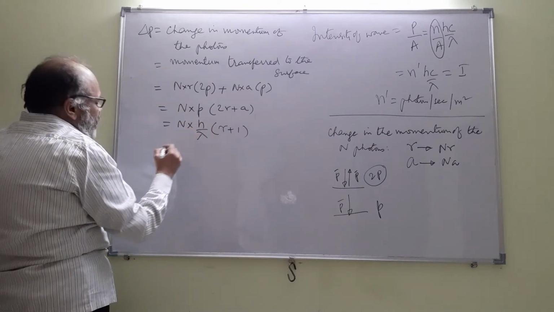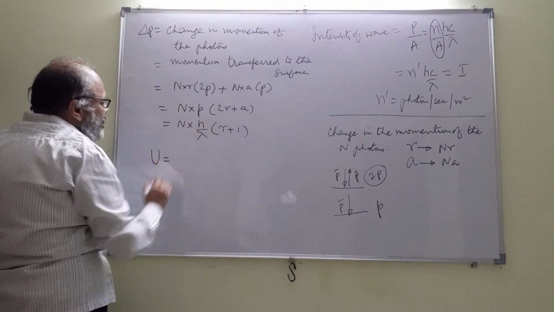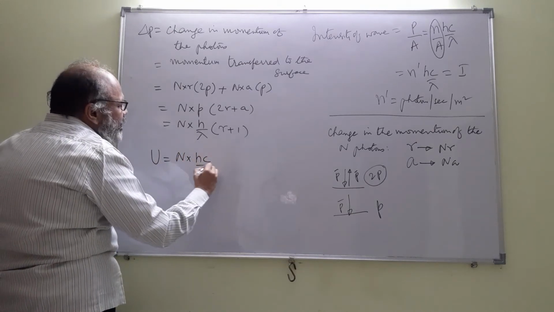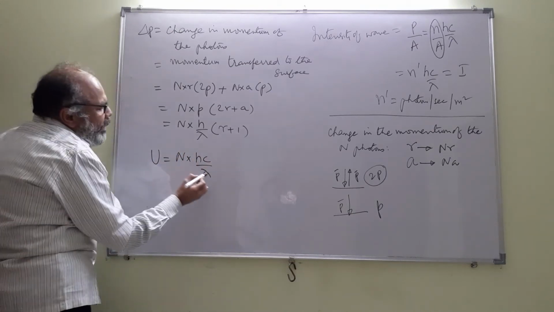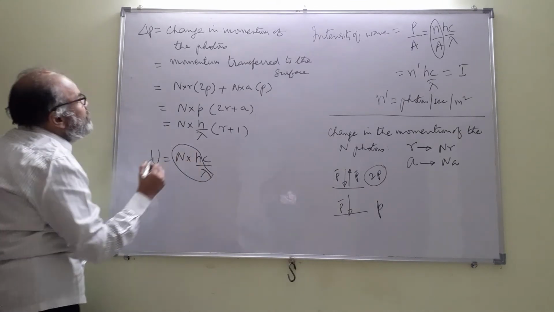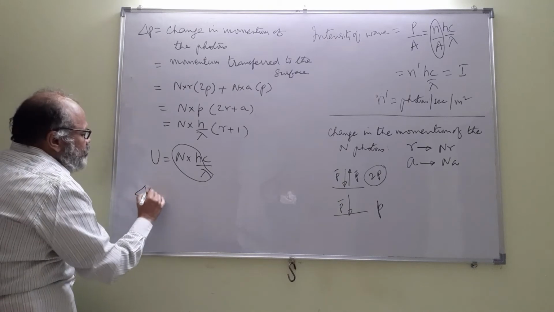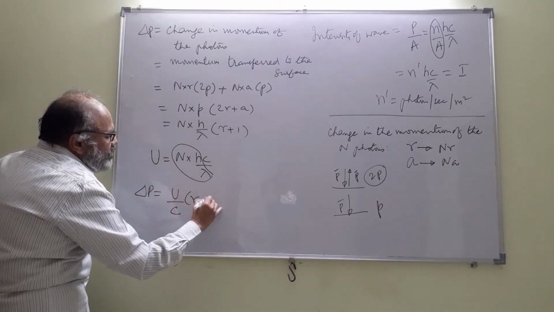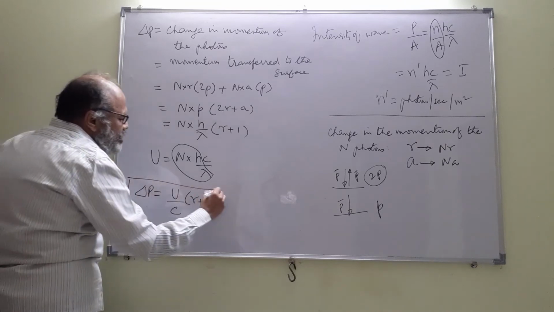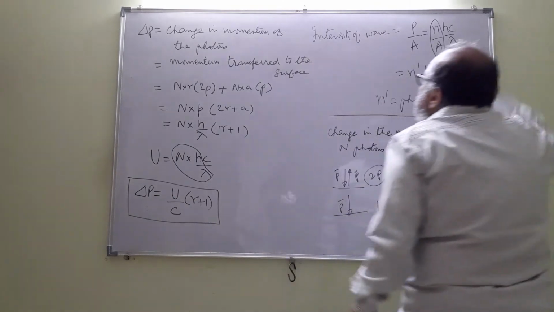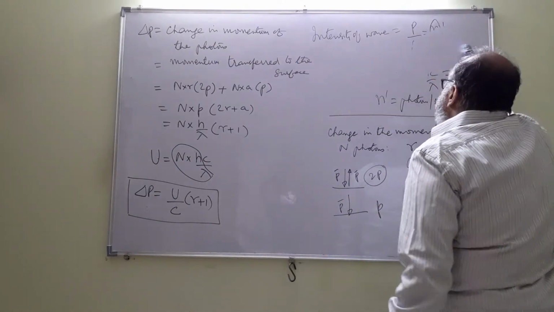Nh by lambda. We saw that the energy of the n photons is n into hc by lambda. So Nh by lambda will be U by C. So therefore delta P would be U by C into R plus 1. That is the change in the momentum.